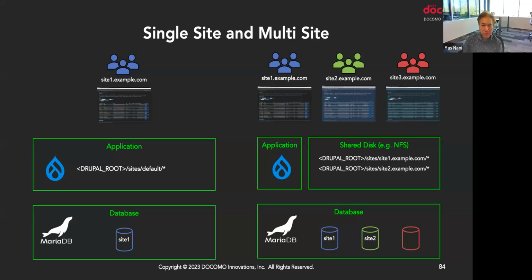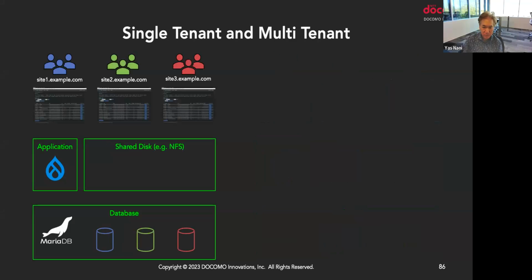If we also want to deploy site2.example.com, then just create a site2.example.com directory under /sites and modify settings.php for the site2 database instance. Site3.example.com is a similar setup.